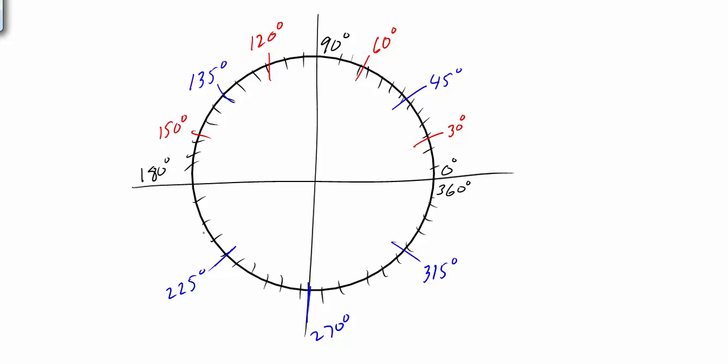And 180 plus 30 would give us 210 degrees. And then 210 plus 30 is going to equal 240 degrees. And then we get to 270, and 270 plus 30 would be 300 degrees. And then another 30 would give us 330 degrees. And then we're back around to 360.